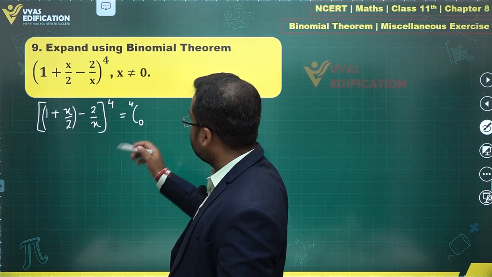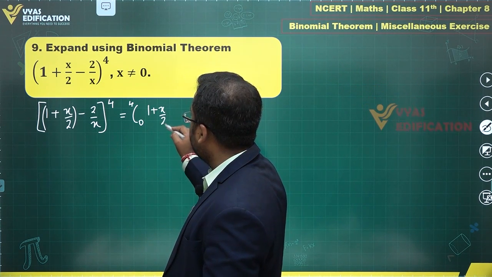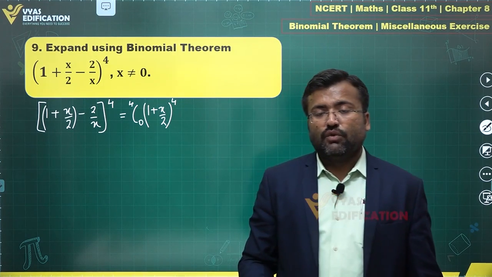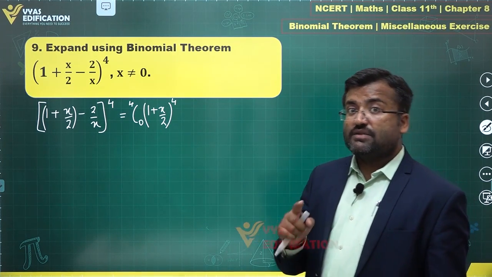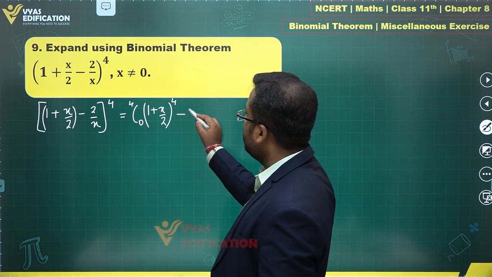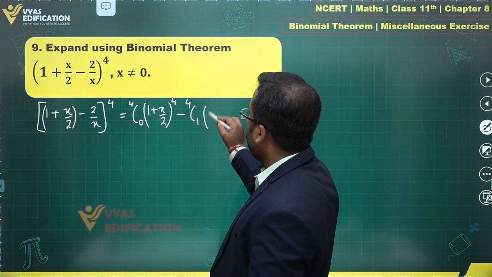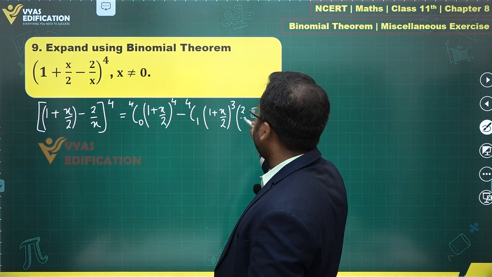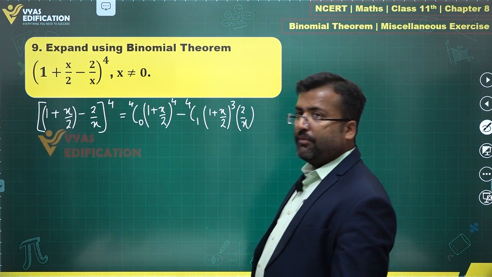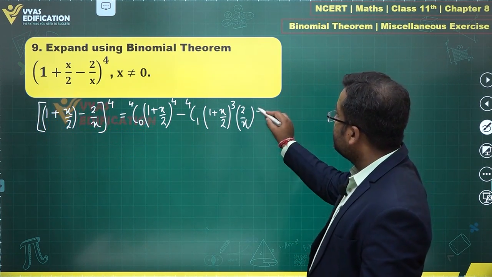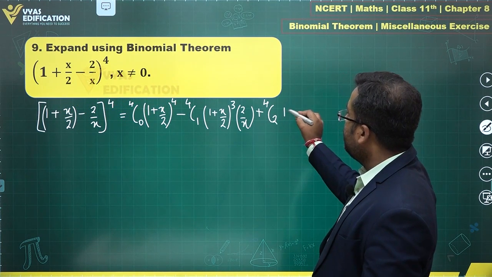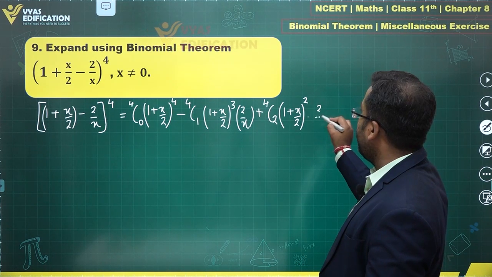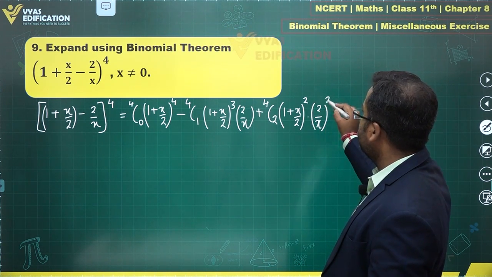4C0, the first term, 1 plus x by 2 raised to power 4, minus 2 by x power 0, which is 1. The next term will be minus 2 by x power 1. There will be a minus. Let's bring that over here. 4C1, 1 plus x by 2 power 3 times 2 by x, since minus has already been brought outside. Next is 4C2, 1 plus x by 2 power 2 times 2 by x power 2 is what I get.